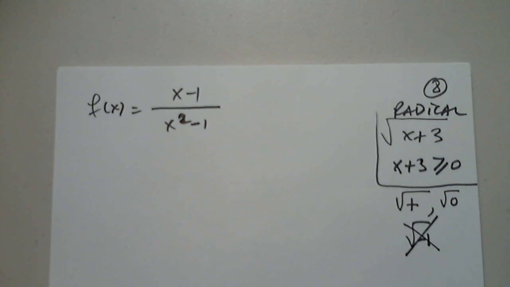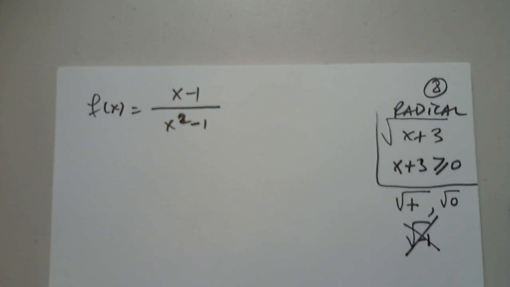So back to the rational. What do I have to do in order to find the domain of the rational? What did we do in the past with rationals always to find their domain? What could be the problem?